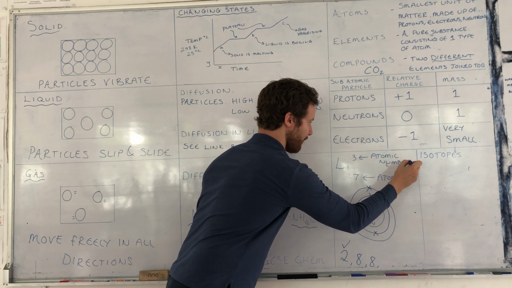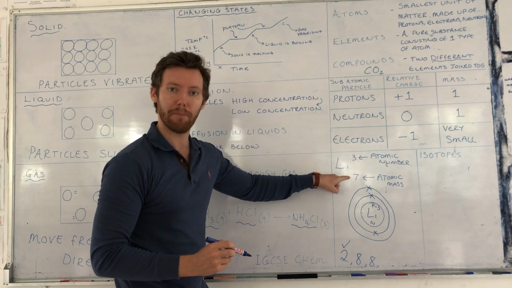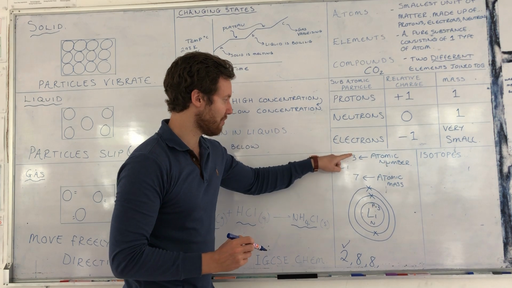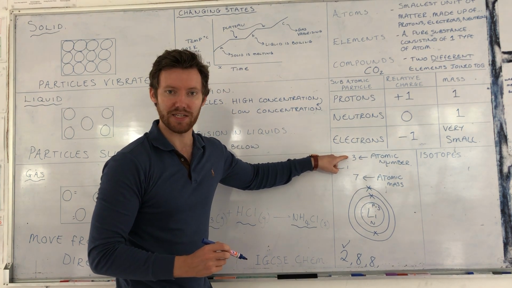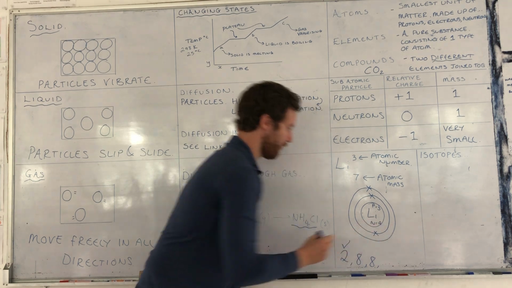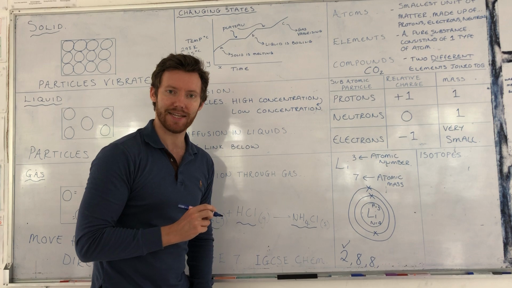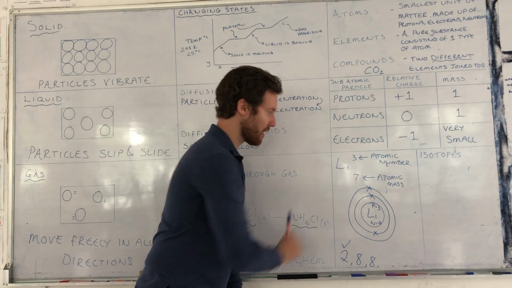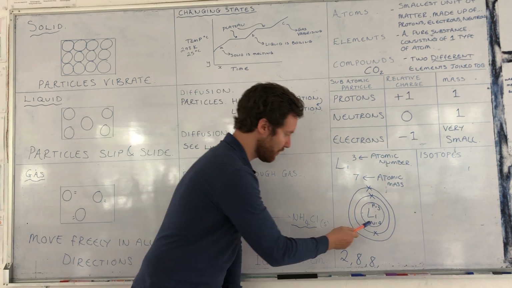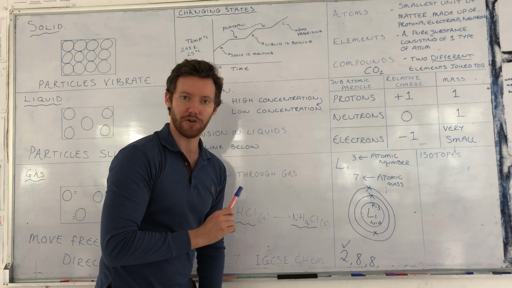And in order to find our neutrons, we do our atomic mass minus our atomic number. 7 minus 3, we don't need our calculator for this, is 4. So neutrons equals 4. I hope you may have realised then that we can identify that the atomic mass 7 represents the number of protons and neutrons within the nucleus.